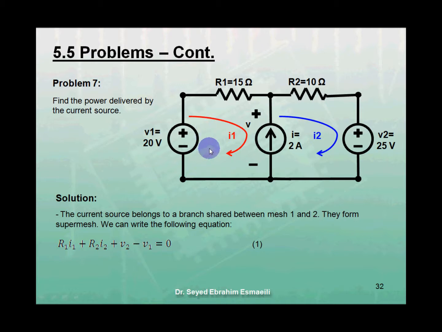Applying KVL to this mesh, we get the following equation. Minus V1 plus R1 I1 plus R2 I2 plus V2 equals 0, and from the independent current source we obtain I equals I2 minus I1.